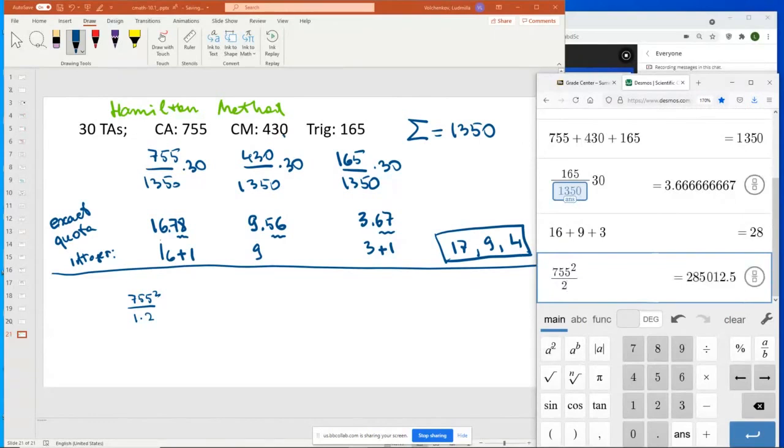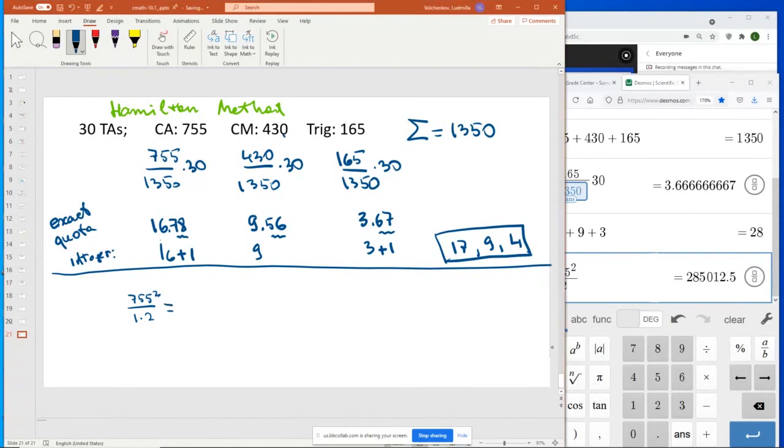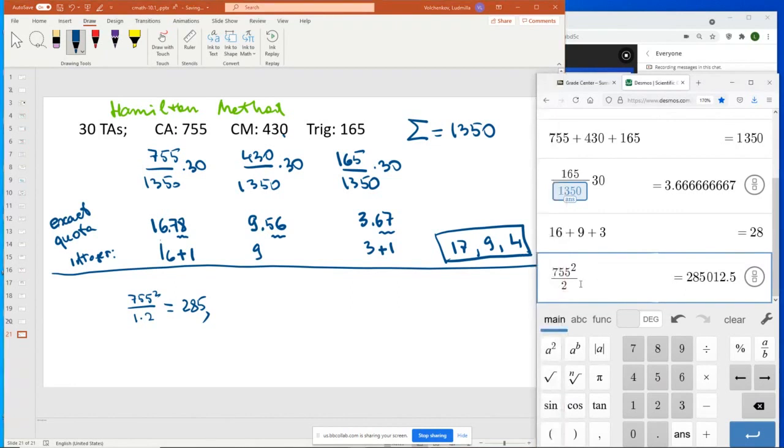So the first Huntington-Hill number for college algebra is, let us write it in thousands, 285. I will round to thousands. Ignore the rest since the numbers are too big.